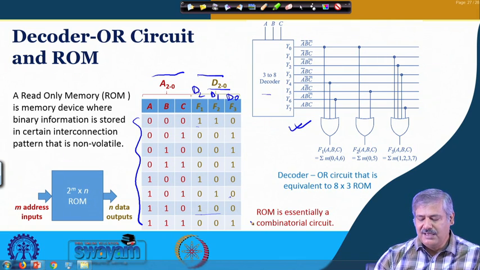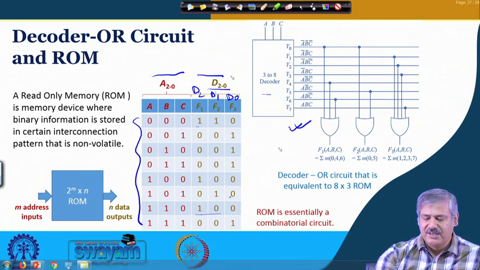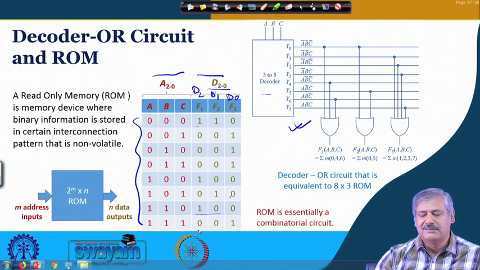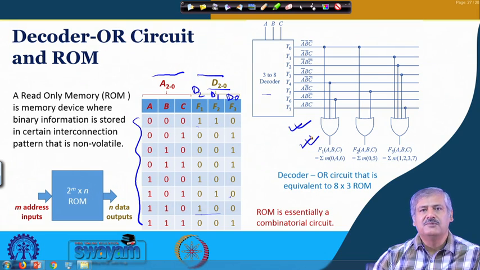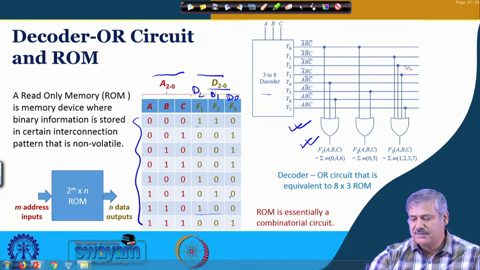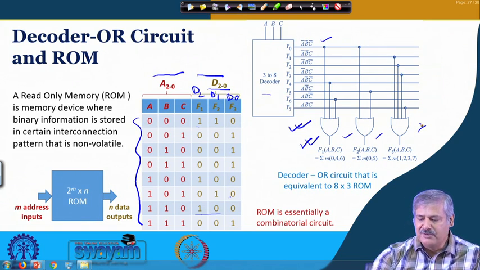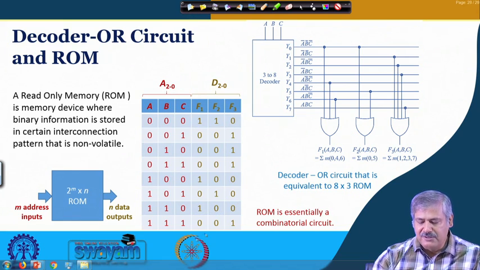This is what you require, this is what you are looking for from your memory. If you look at this particular circuit, this is generating the decoder outputs A prime, B prime, C prime to ABC, all 8 lines, and these are the OR outputs, which take specific values, and these specific values are in this particular truth table.